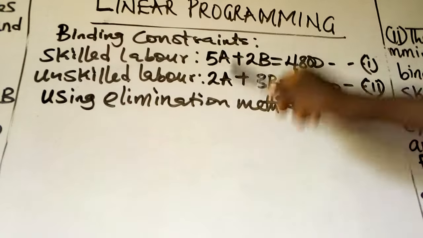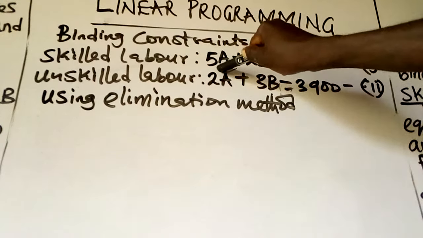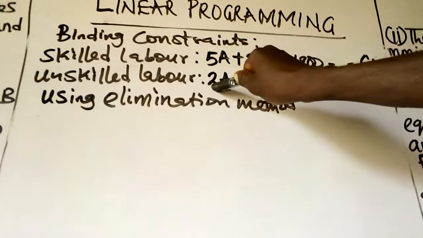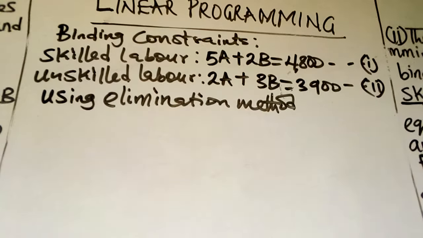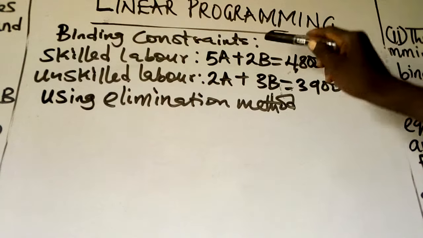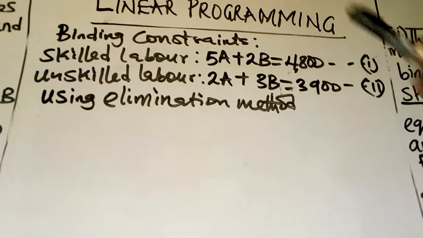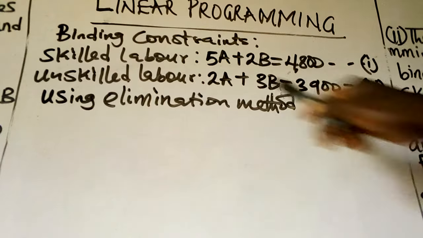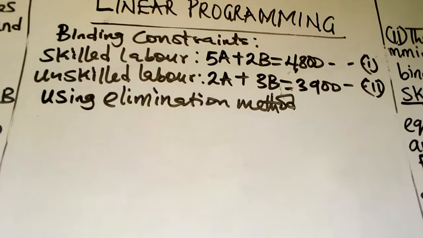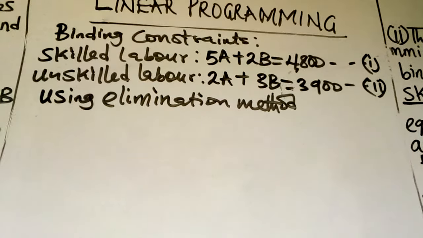The coefficient of A, if you check, is 5 in equation 1, and in equation 2 we have 2. They are not the same. In equation 1, the coefficient of B is 2, and in equation 2 it is 3. They are not the same. That means you cannot eliminate directly. Before the elimination method can be used, the coefficient of one of the unknown variables has to be the same.